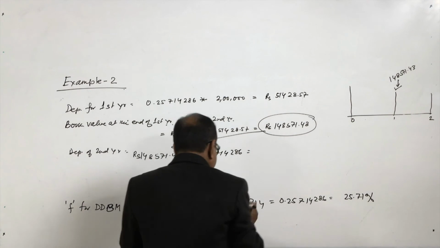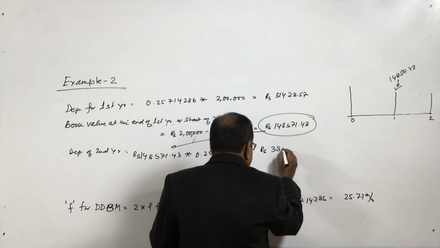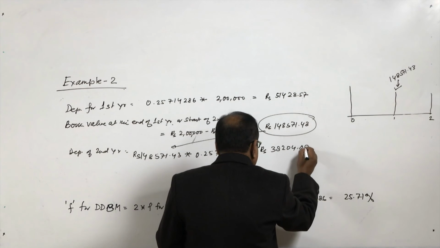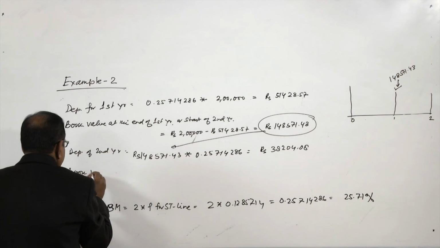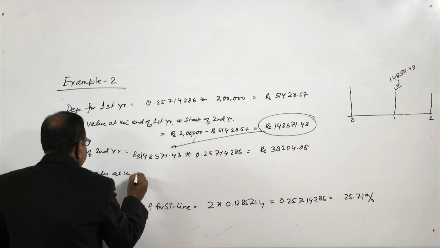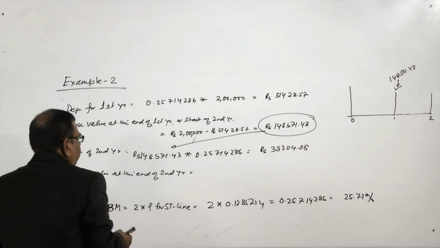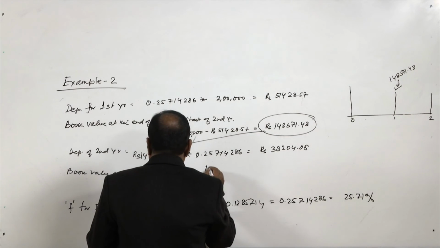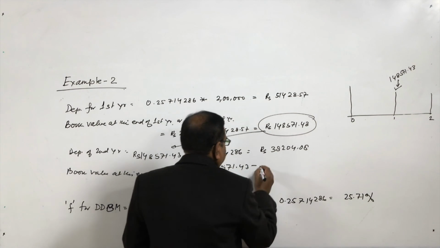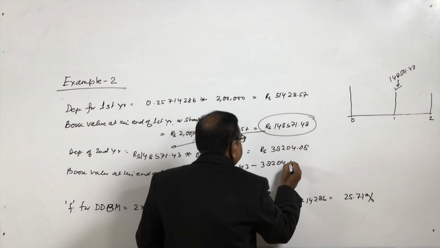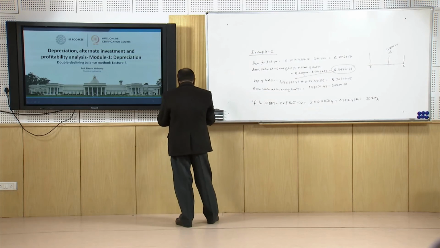This comes out to be rupees 38,204.08. Now, the book value at the end of the second year will be 148,571.43 minus 38,204.08. This way the computations will be done.